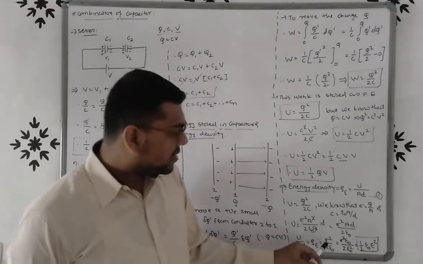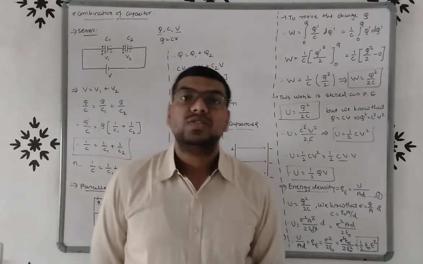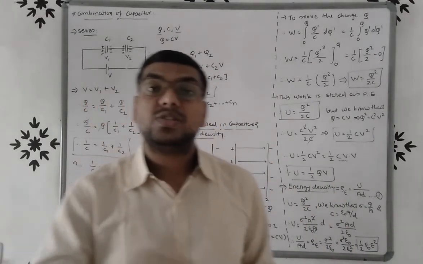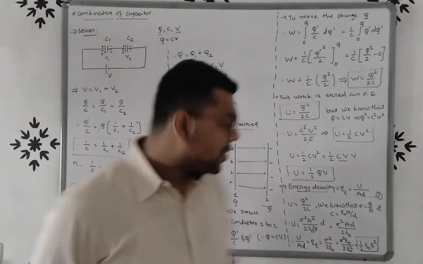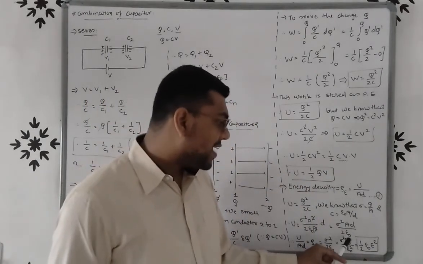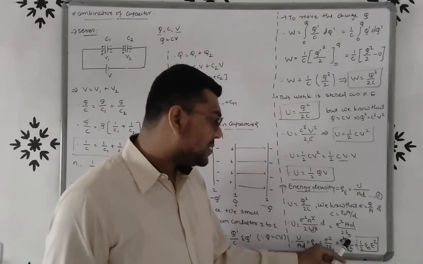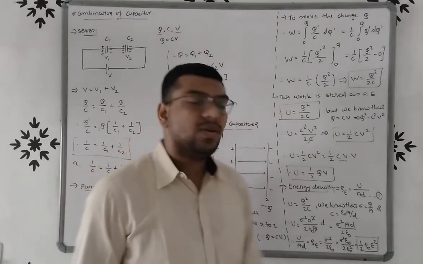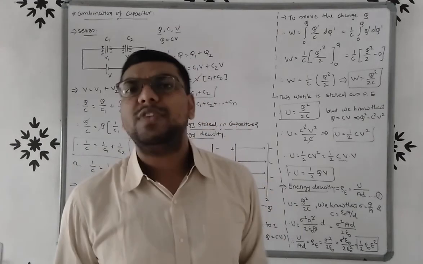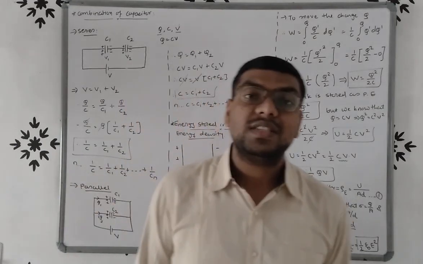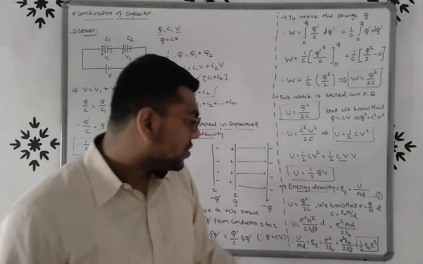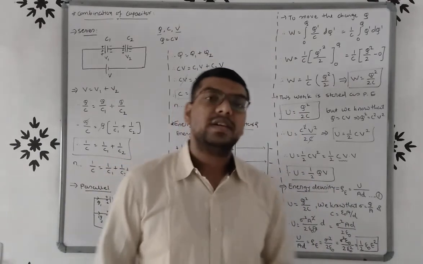But here sigma square, so we need epsilon 0 square in the denominator. For that we multiply and divide this equation by epsilon 0. So we get sigma square epsilon 0 upon 2 epsilon 0 square, but we know that sigma square upon epsilon 0 square is E square. So 1 by 2 epsilon 0 E square.